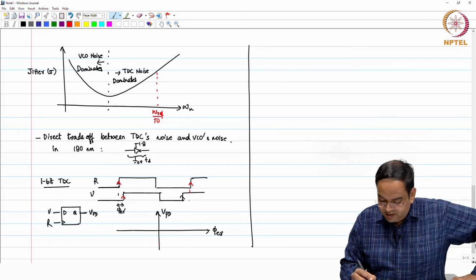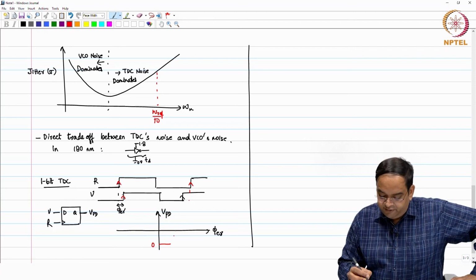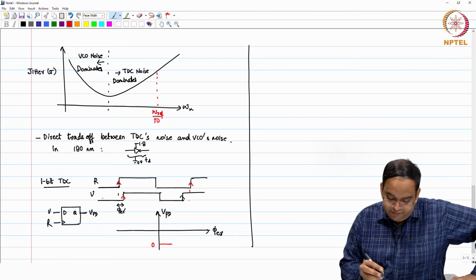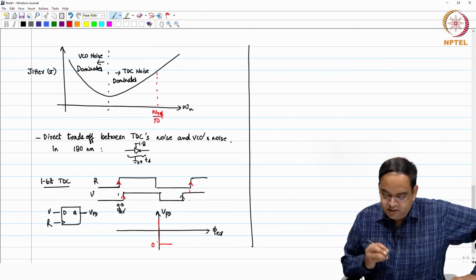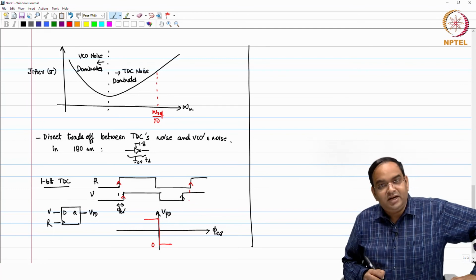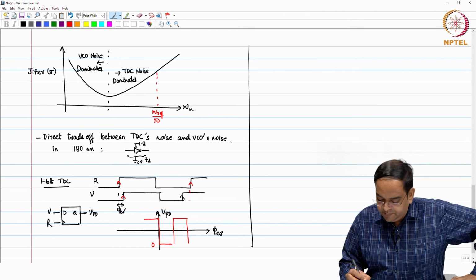I am just making this 0, by the way, so that it looks a little bit different. In the other case, if your R is coming after V, where the phase error is negative, at that time you are going to see this kind of waveform. And this is going to flip at a phase error of pi and 2 pi.